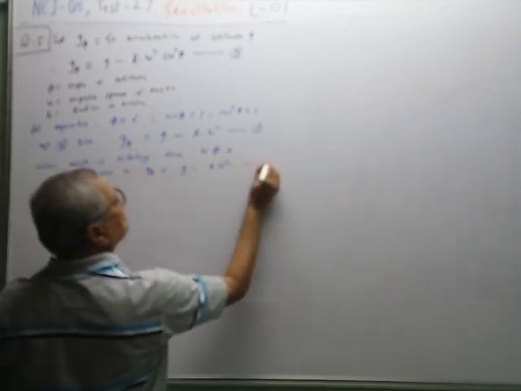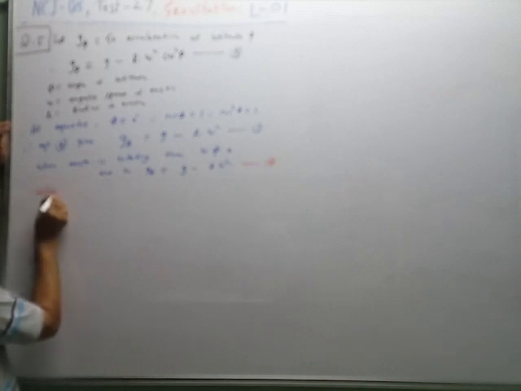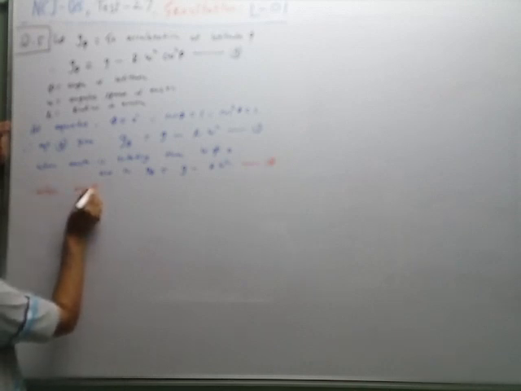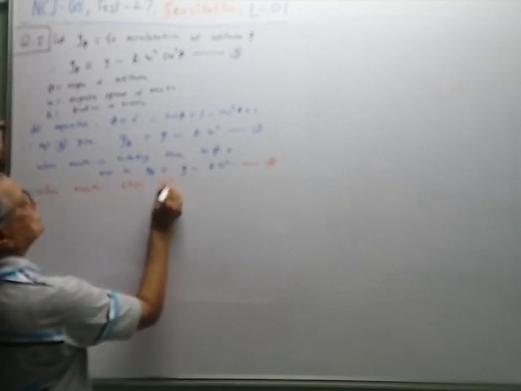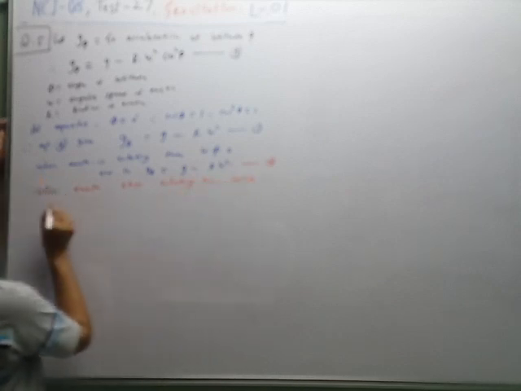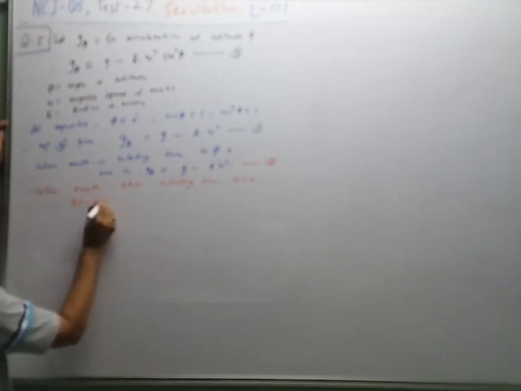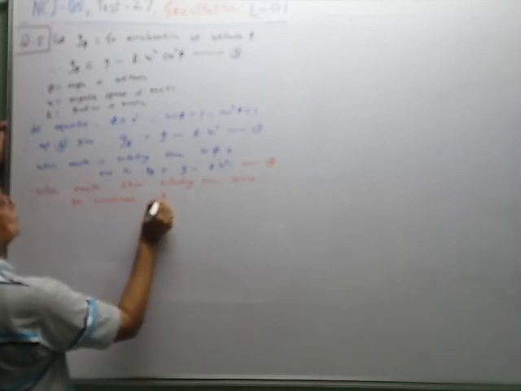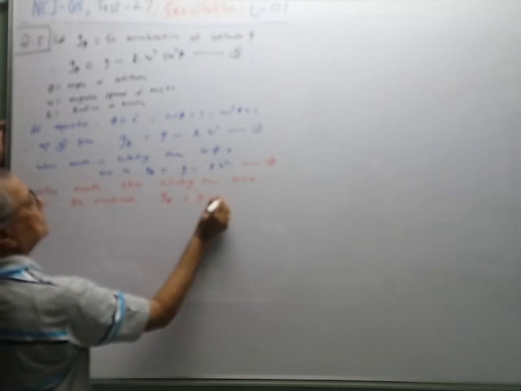This is the same equation. When Earth stops rotating, then omega is equal to 0. Therefore, the gravitational acceleration g dash phi is equal to g minus 0.